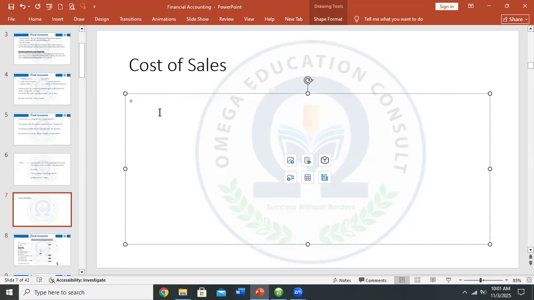The first thing you think about is your opening stock, the goods that were available at the beginning of the period. You always have to do that. Then you add your net purchases. What is net purchases?